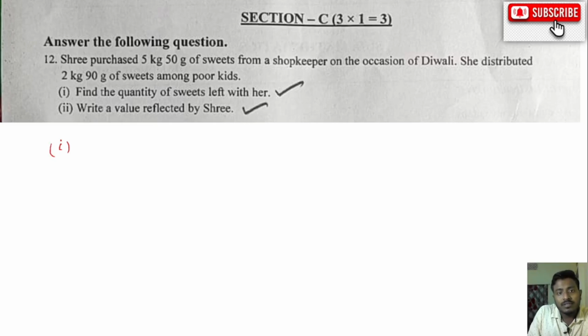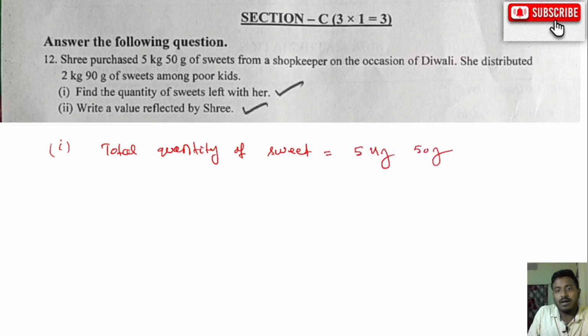Total quantity of sweet equal to 5 kg 50 gram.